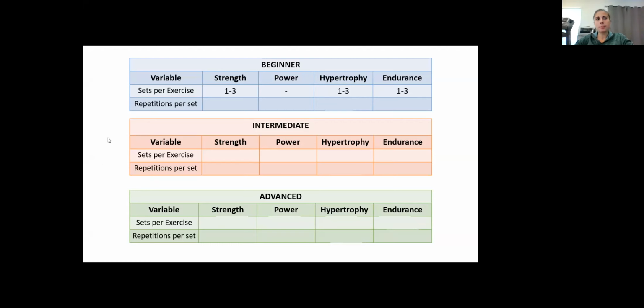So what is the beginner rep ranges if we were to prescribe, which again, we most likely won't, but for a beginner, what repetitions per set would you recommend? For strength, sorry, for strength. So what repetitions for strength?